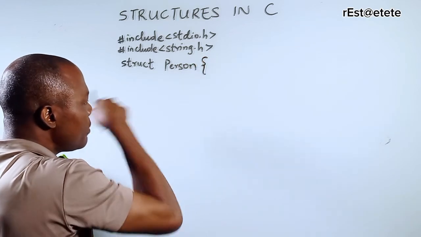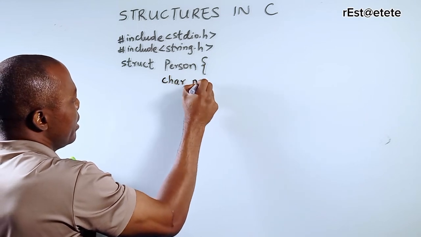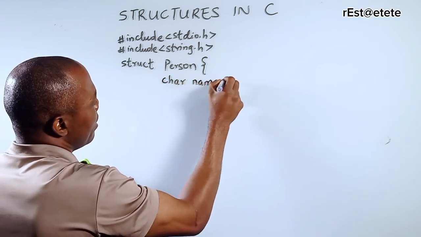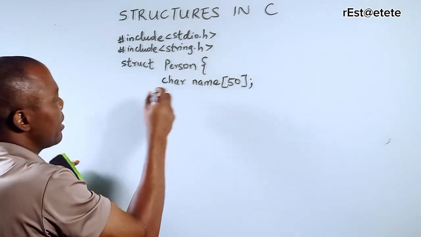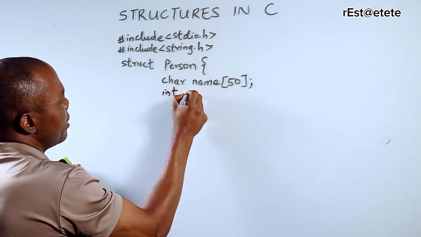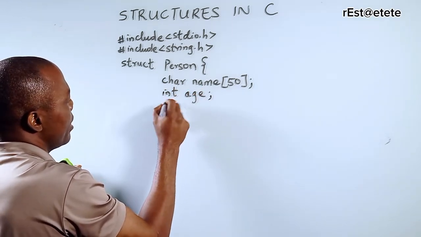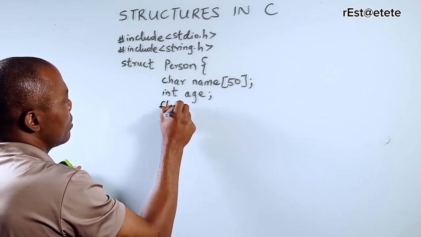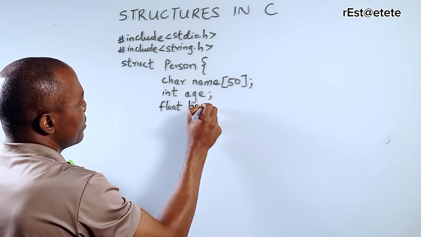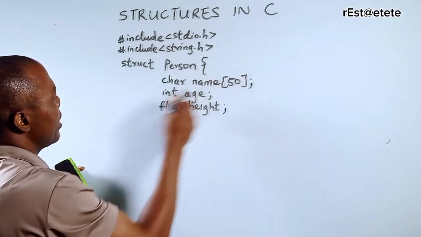Then I will say char name 50 bytes, int age, float height, right? Then I will close it.